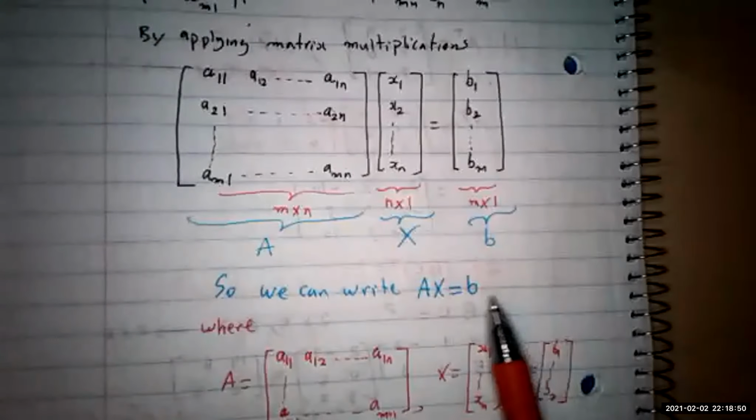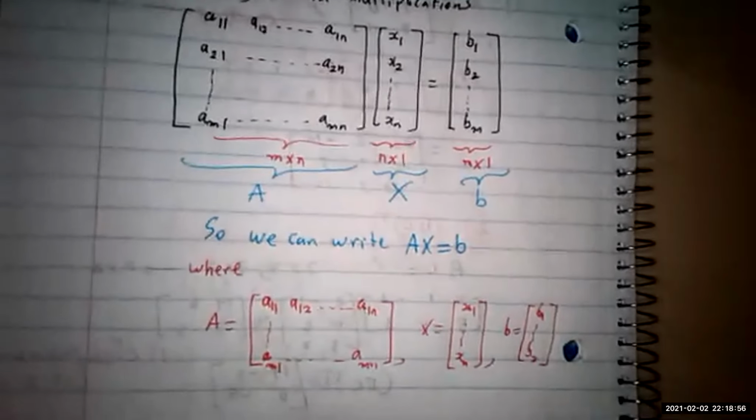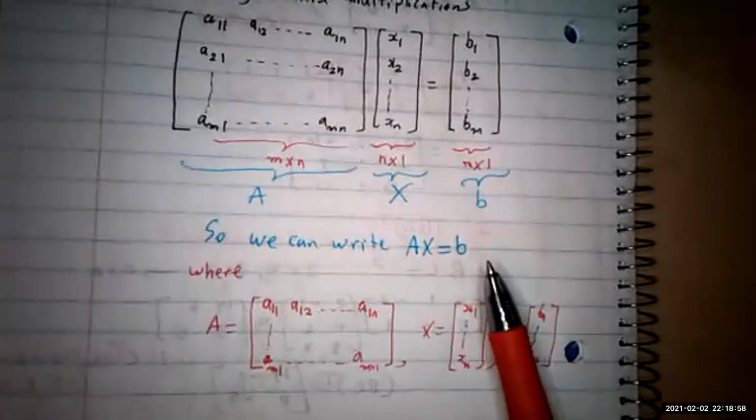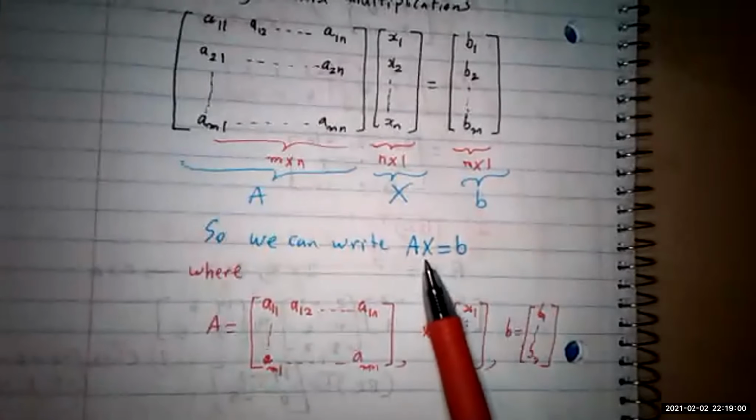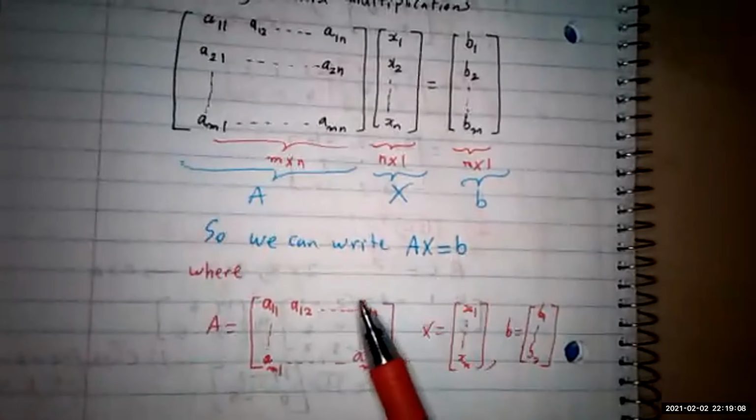So instead of working with the system, now you have a matrix equation, and we can solve for X. It's like an equation is given to you and you want to find X. In algebra, if you have 2x equal to 5, then x would be 5/2. You divide by the coefficient.